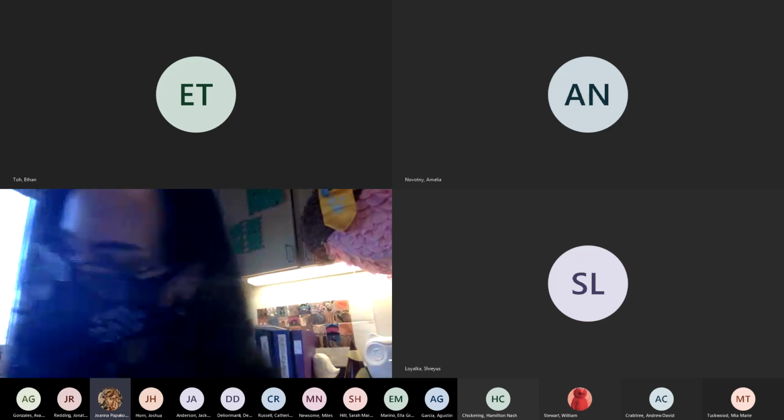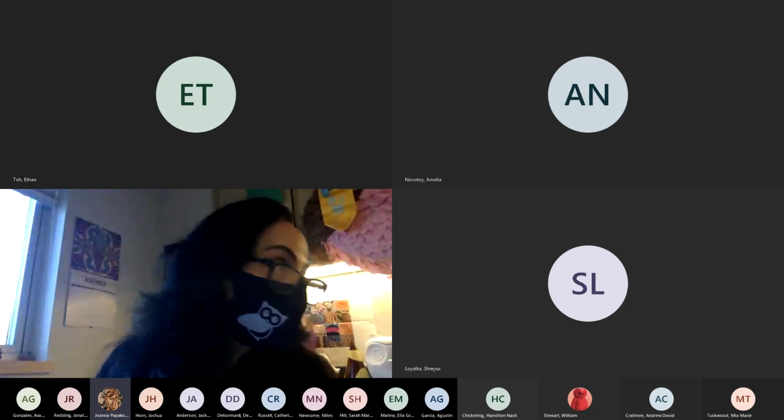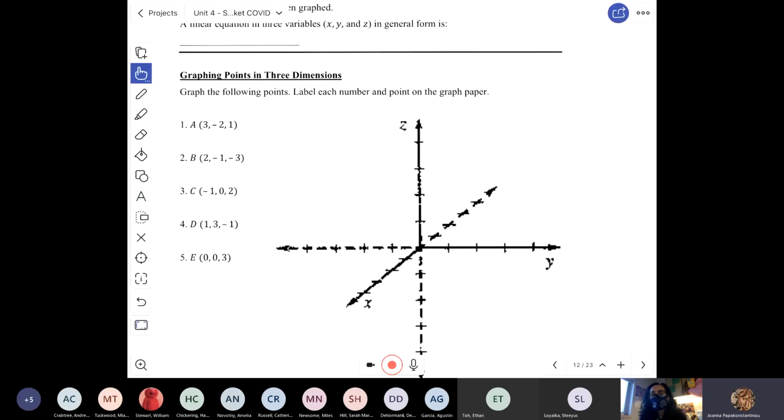All right, so let's move into 3 dimensions. If we think back to 2 space, the Cartesian plane, the rectangular coordinate system, we graphed lines and all we needed were 2 points to graph a line. We represented those points as ordered pairs, an X and a Y value.